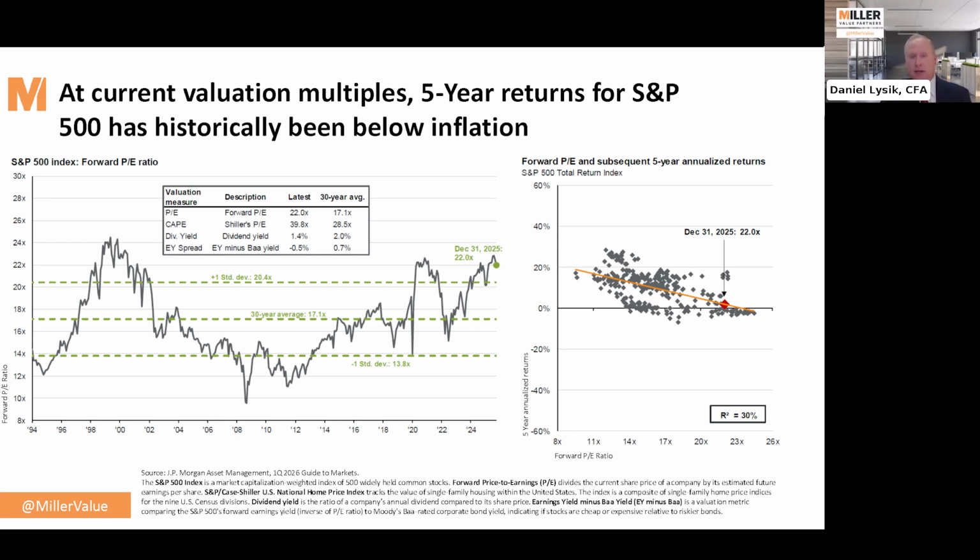Back in 2009, when the S&P 500 forward PE multiple was at 11 times, historical forward 5-year annualized returns were closer to the high teens.